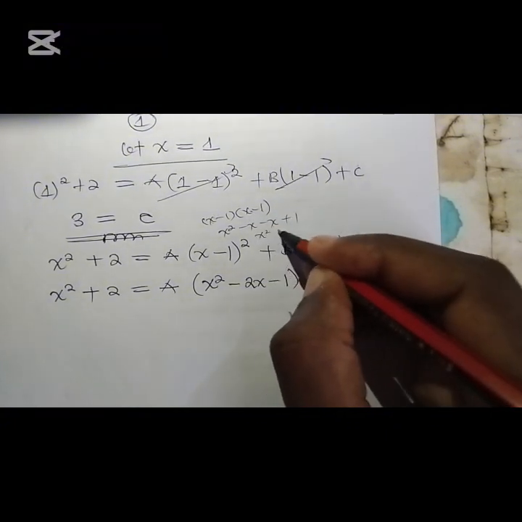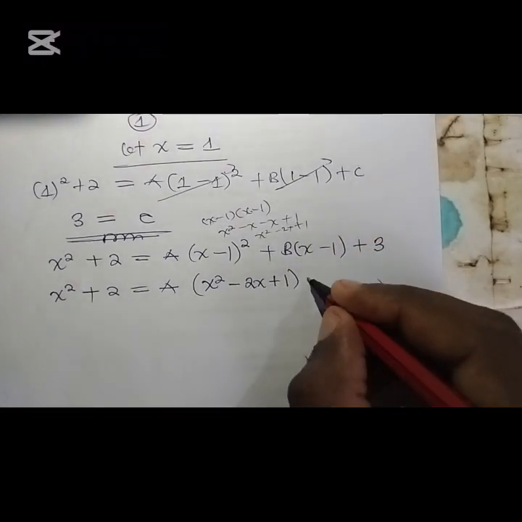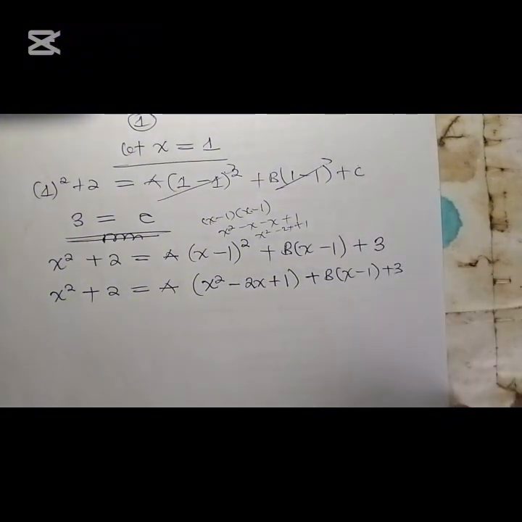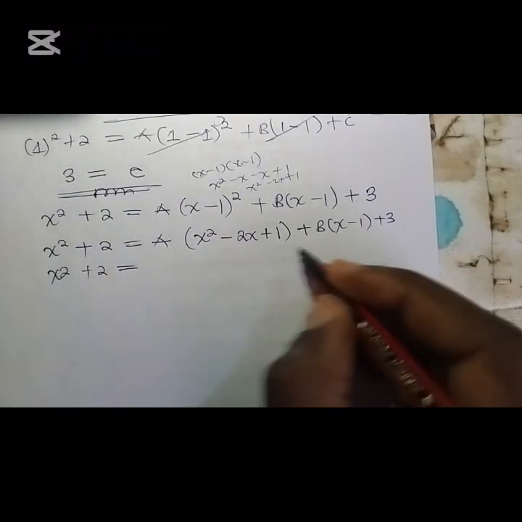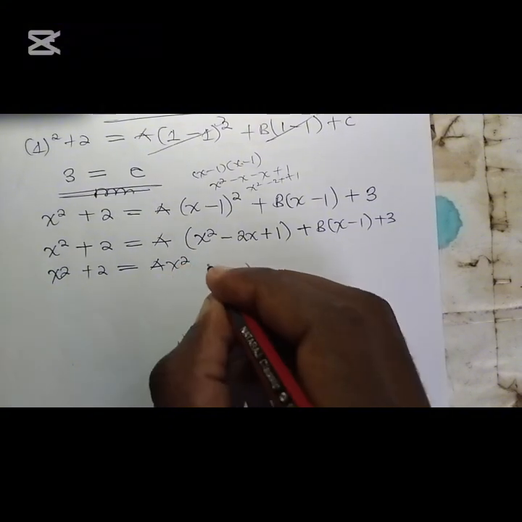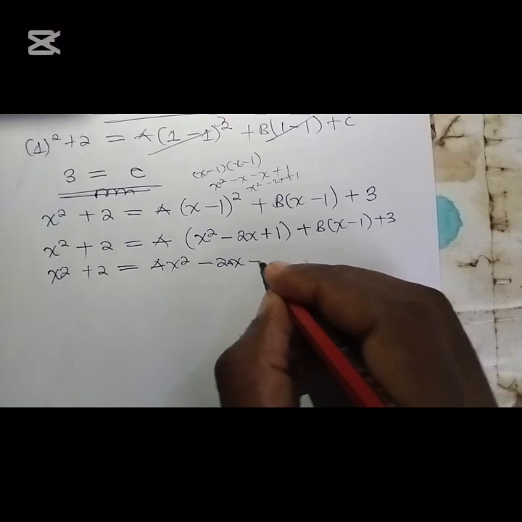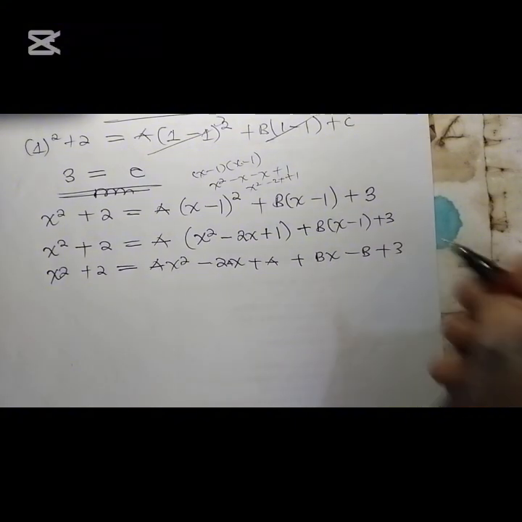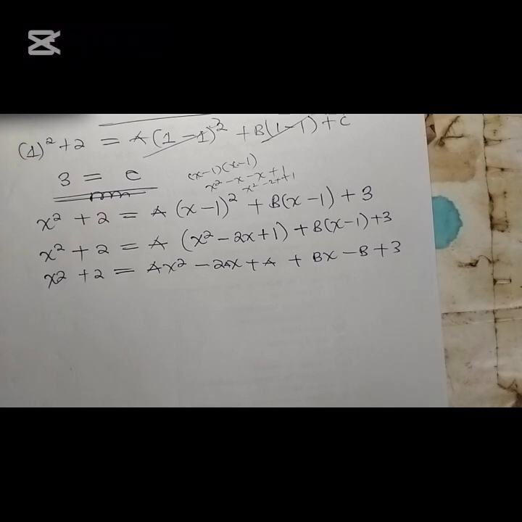So it will be x squared minus 2x plus 1, then plus b times x minus 1, plus 3. So then x squared plus 2, if you multiply throughout, is equal to ax squared minus 2ax, then plus a, then plus bx minus b, plus 3.